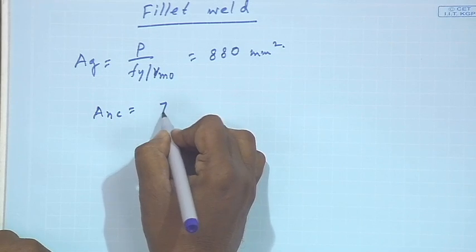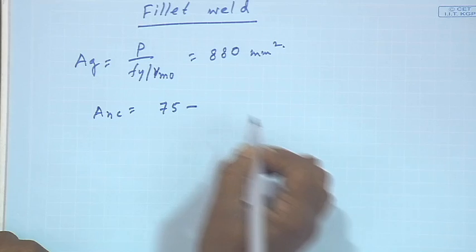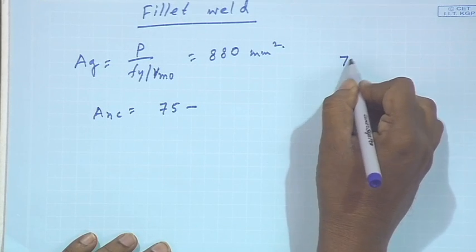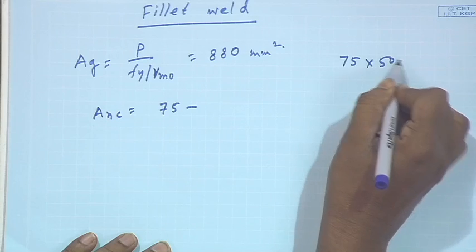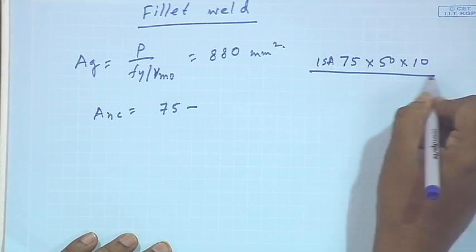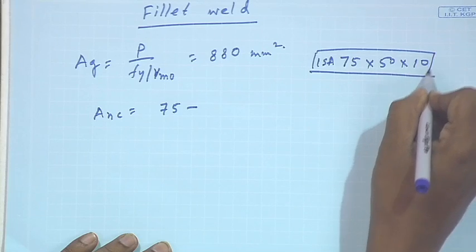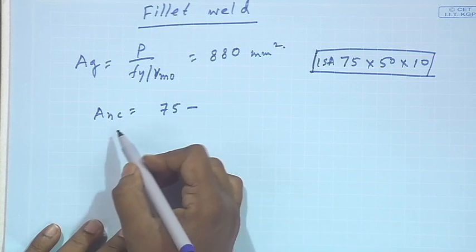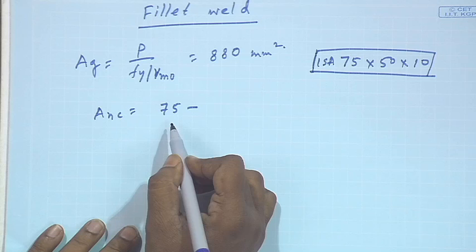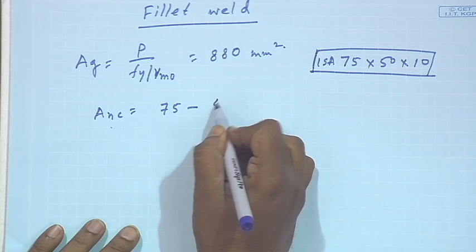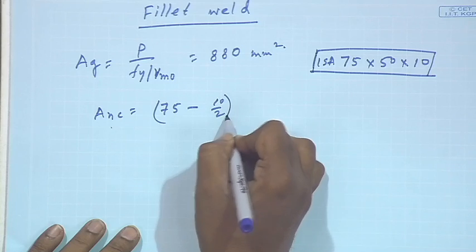ANC will be, if we consider the same angle section 75 by 50 by 10, we are using the same angle section to check whether in weld connection also it is safe or not. So, for the same angle section we can find out the ANC as 75 minus 10 by 2 into 10.